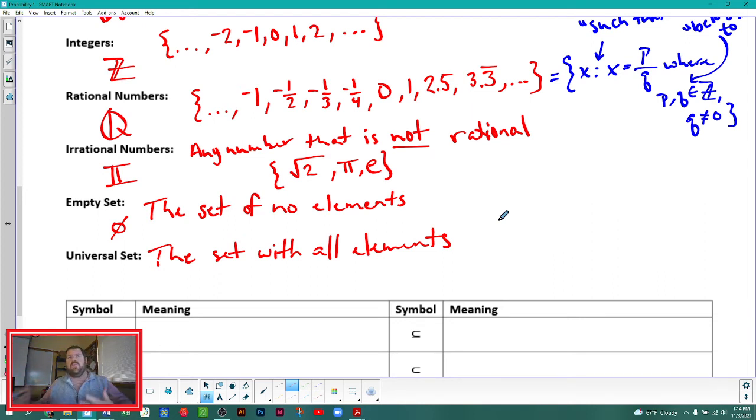If we were trying to work with real numbers, the most common one in high school math classes would be the set of all real numbers, which is a combination of the irrationals and the rationals together. That would typically be our universal set. That's more of an example than the notation, so I'm going to put it over here. If we're defining a universal set, we're going to use the letter U with a double bar on the start.